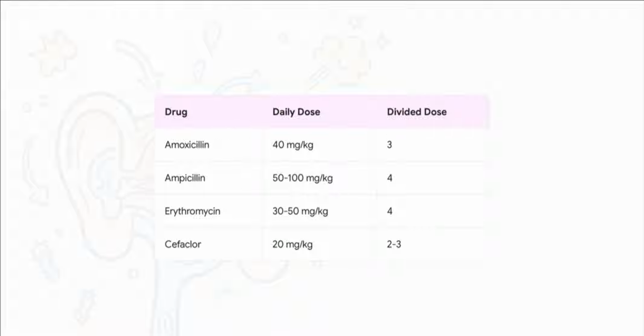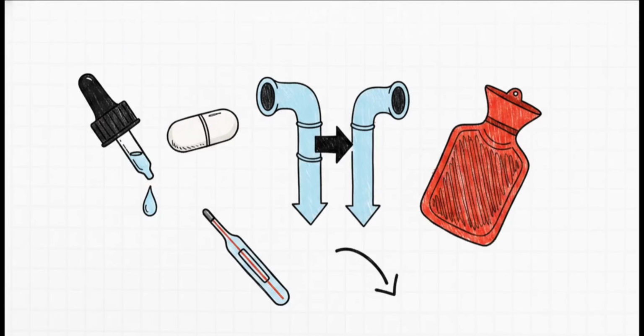The go-to treatments? Antibiotics like amoxicillin or ampicillin. Now here is a massively important detail from the text. Antibacterial therapy must be continued for a minimum of 10 days. Even if the pain completely vanishes on day 3, stopping early can lead to a sneaky chronic condition and permanent residual hearing loss.